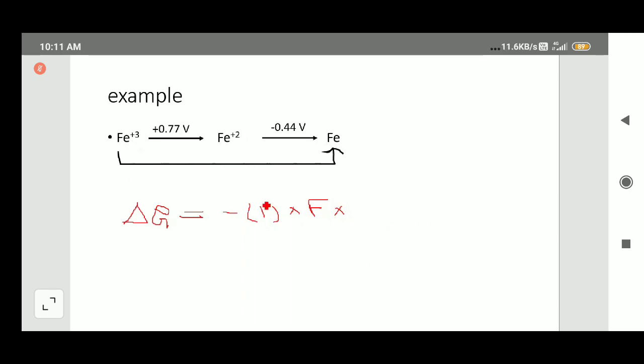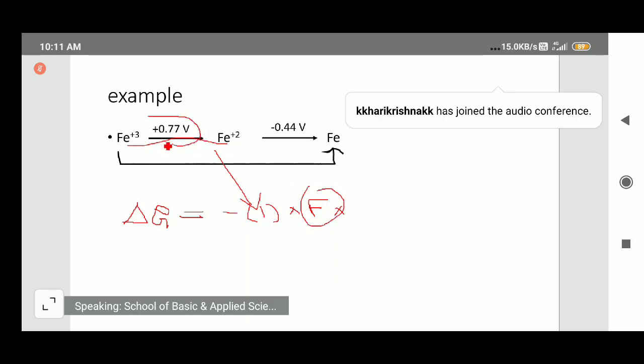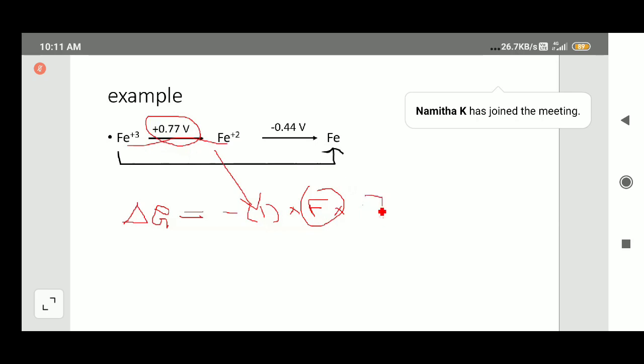So you plug in these values: minus n, n is the number of electrons, that is 1 here. From this to this, the number of electrons is 1. F, you don't worry. And E is this value, so you multiply by 0.77.